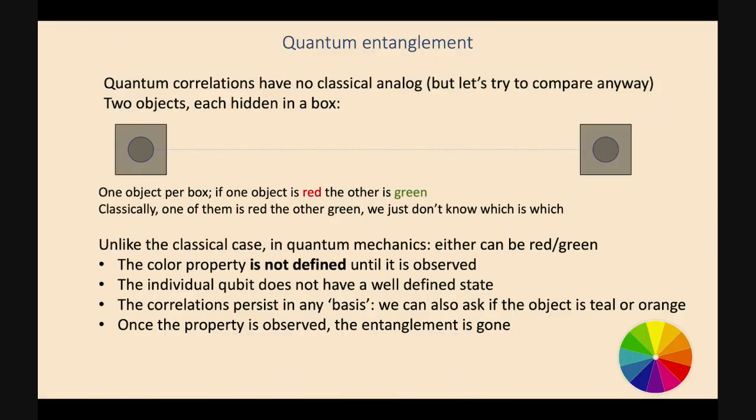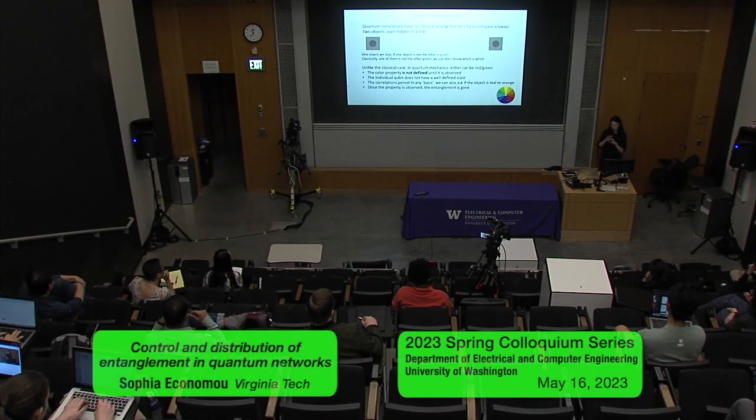And if we want to push this analogy to colors, you can define a basis by looking at colors that are across from each other in the color wheel and say, instead of red and green, I could ask, is this object orange or blue? And these correlations would persist no matter which direction I look at.